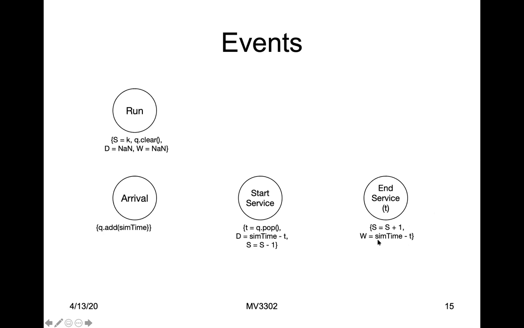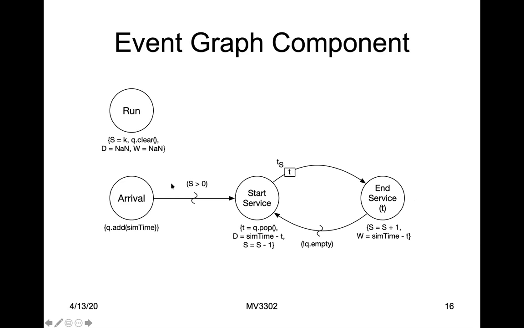And so the difference between our current time and when they showed up is the time that they've spent in the system. Okay, so now we need to convey that information to this end service event somehow. How do we do that? Well, that's on the next slide when we start scheduling things.